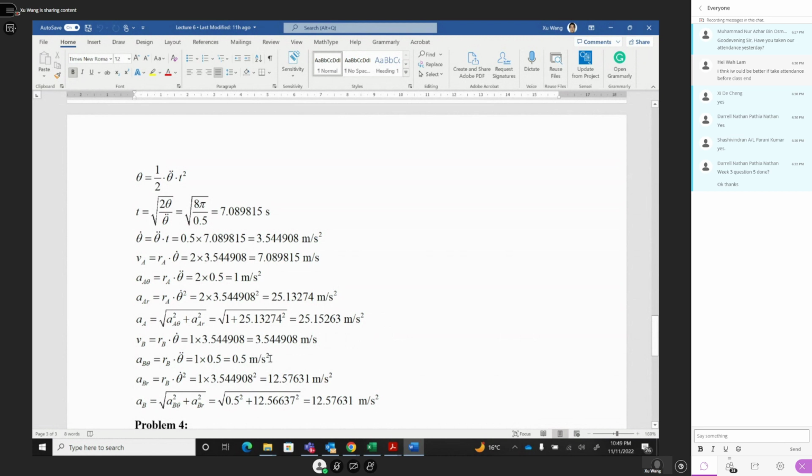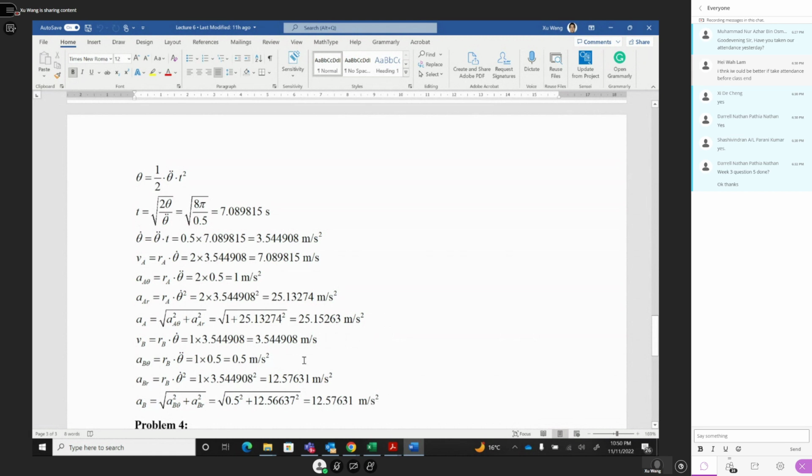Okay, for point B. And for the radial direction component equal to R omega square, R is 1, omega is 3.5 squared, and they multiply together, you get 12.5. This is the radial direction component. This is the tangential component. So the total acceleration of point B is the square root of this square plus this square, and you get 12.57 meters per second square.